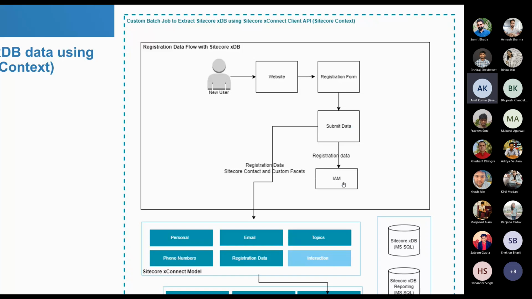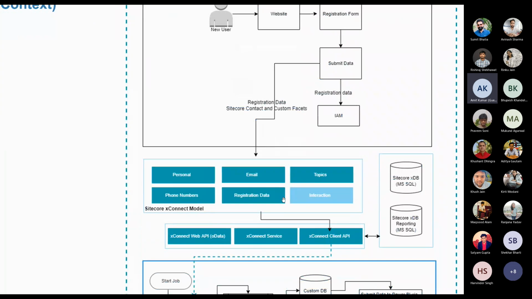Generally, nowadays people are using a federated authentication provider like Okta, where you just need to pass the username, user email address, first name and last name, and from that onwards, they will generate the email and everything. And then whatever personal information with respect to the Sitecore contact is there, you can push that to the Sitecore xConnect, and that later can be pushed to the Sitecore XDB.